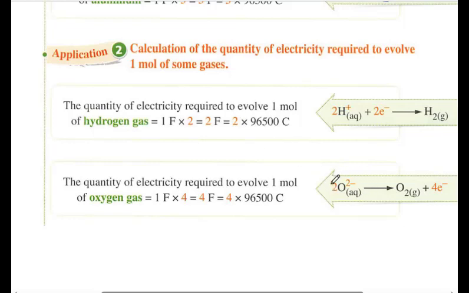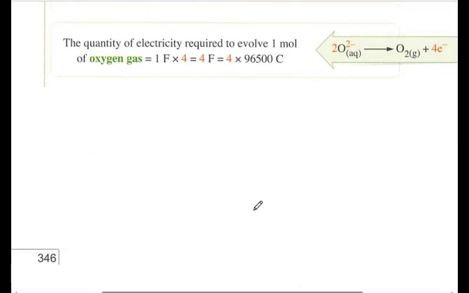Here oxygen goes to the anode, releasing 4 moles of electrons. So 1 mole of oxygen, when formed at the anode, releases 4 moles of electrons, meaning it requires 4 Faradays, which equals 4 multiplied by 96,500 coulomb.